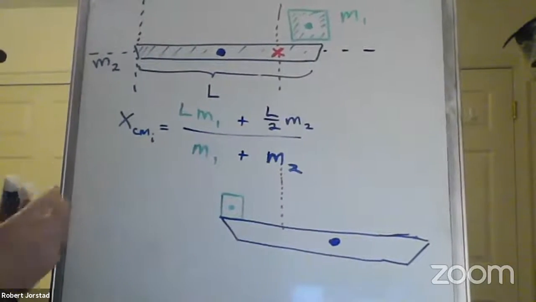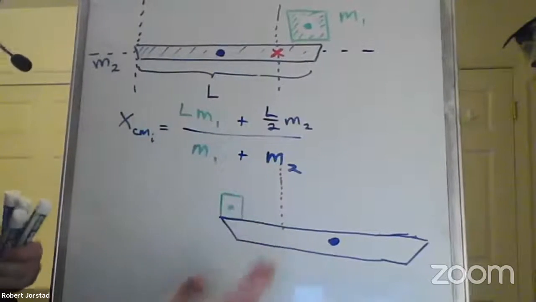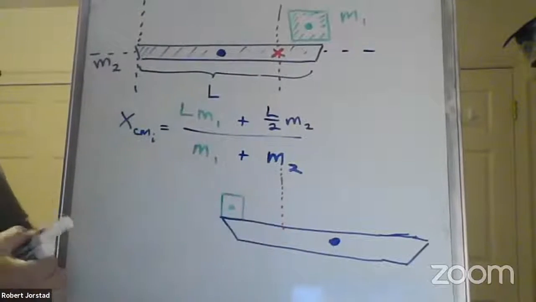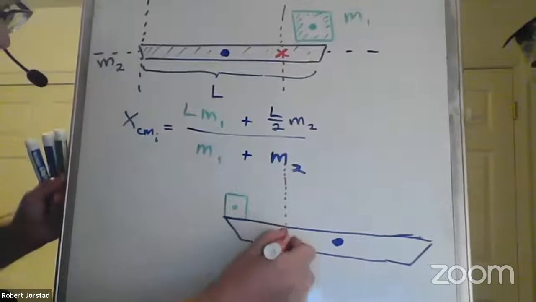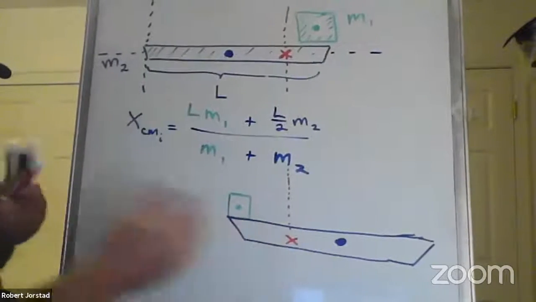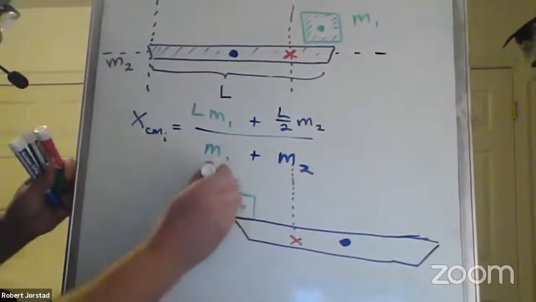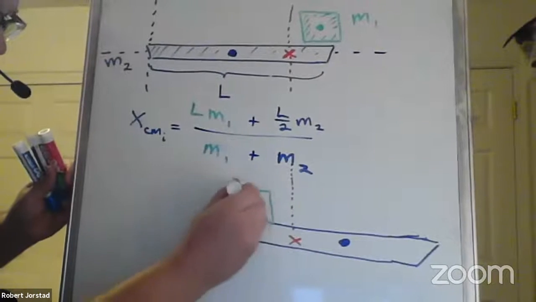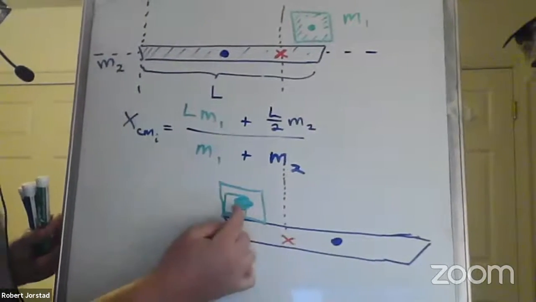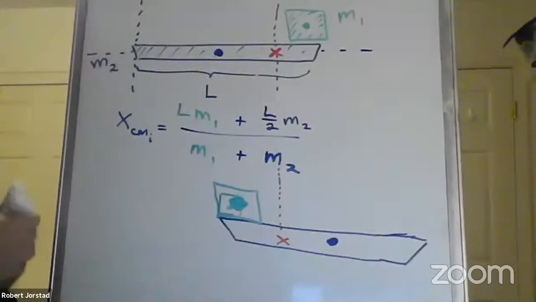And notice it's supposed to be about the same, right? So the center of mass should still be here. The idea is by walking to the other side of the boat, the distance between the zombie and the center of mass shouldn't change that much. I think the zombie was a big box, so that makes it look a little better. The center of mass is still the same distance from the zombie towards the middle of the canoe.